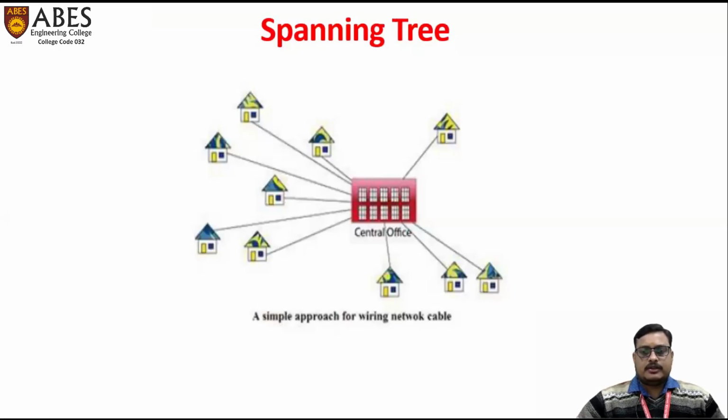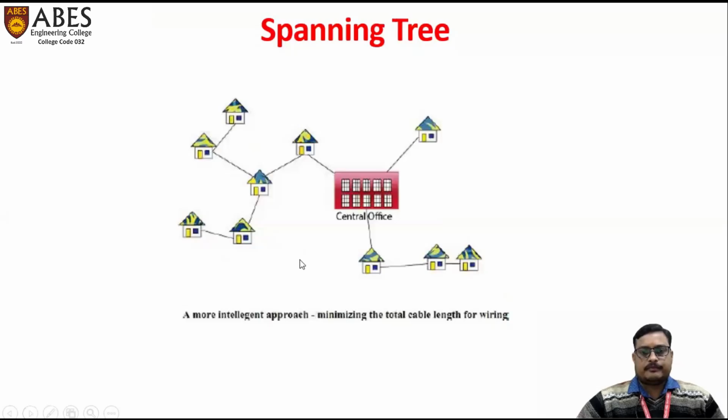But here, what is the problem? We need extra cables, or we can say very large cable to connect these offices. So how can we minimize this? We can use a simple approach like this.